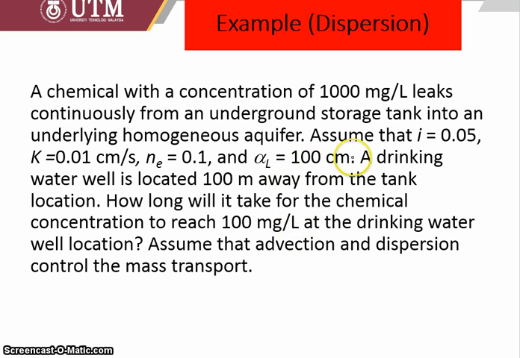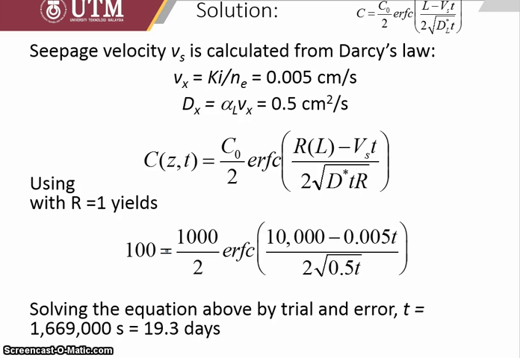So we know the I value, K value, effective porosity, and also the dispersivity for the longitudinal, and also the initial concentration. So when the concentration achieves 100, how long is the time? Just use the equation.